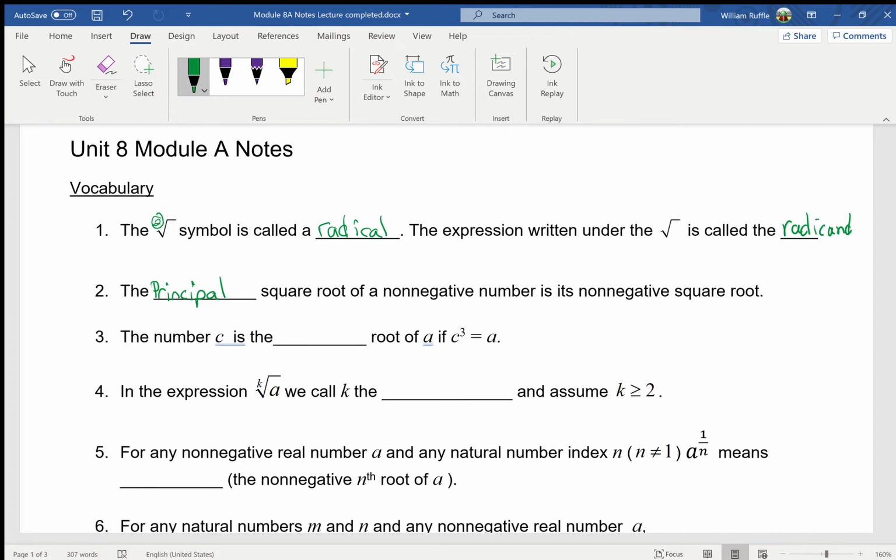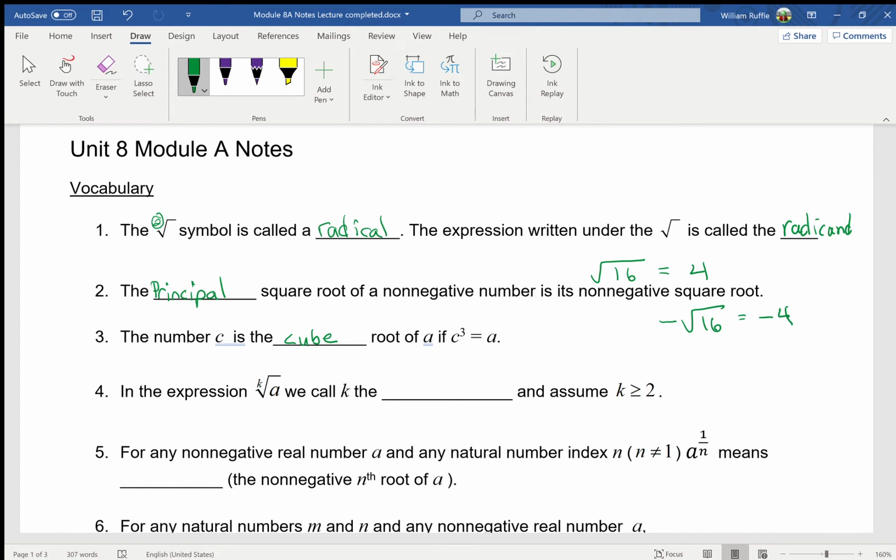Basically what it's implying is if I were to do the square root of 16, that is implying it is positive 4. To get the non-principal square root, I would have put the negative square root. I'd put negative square root of 16. That is negative 4. The number C is called the cube root of A if C to the third is equal to A.